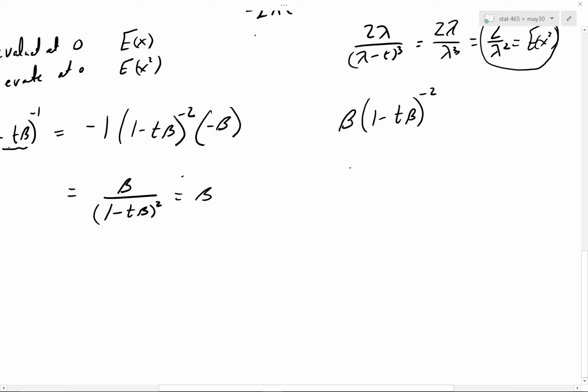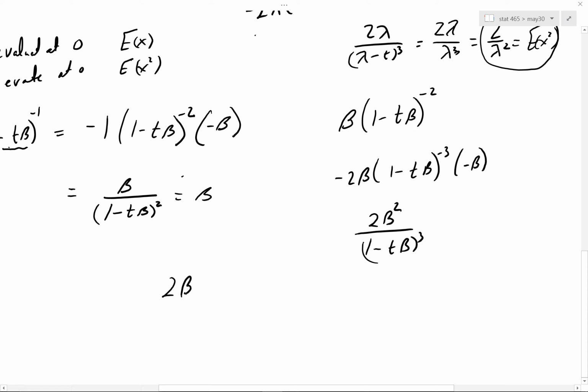Now if I take the second derivative, I'm going to get negative 2 beta, 1 minus t beta to the minus 3 times negative beta, yes? So that's going to just be 2 beta squared over 1 minus t beta cubed. You evaluate at 0, you're going to get 2 beta squared minus this guy squared, which is just beta squared. And that is another way of saying it. So that is for the exponential distribution.